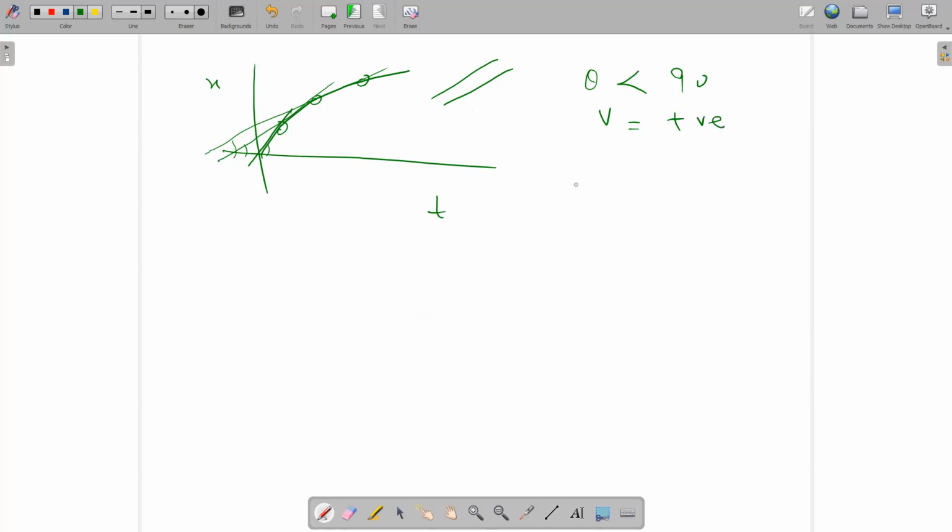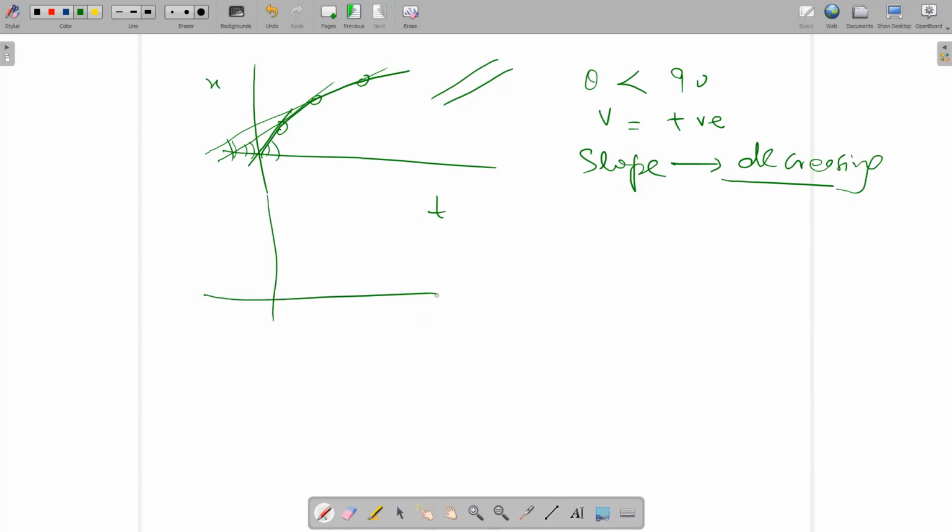One thing. The slope is increasing or decreasing? It is decrease. Why? See, teacher, it is this one. I put the line here. This is angle theta. I put the point here.